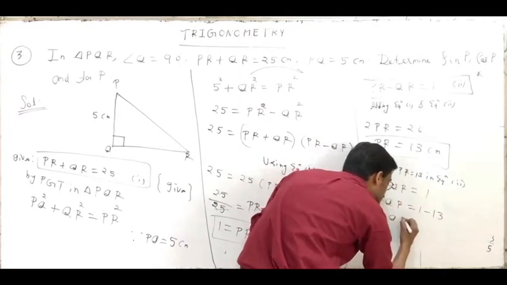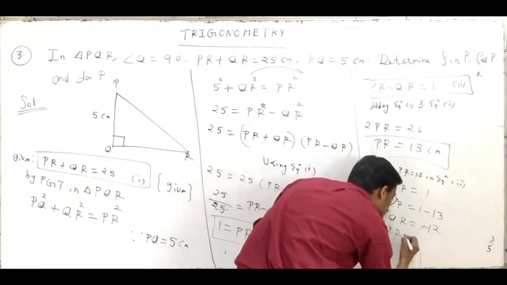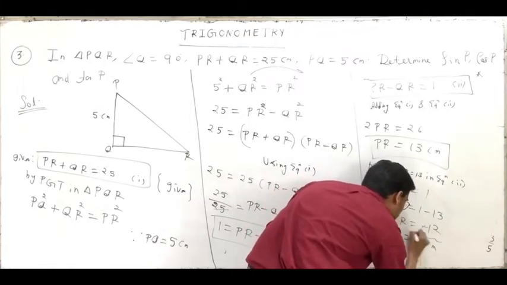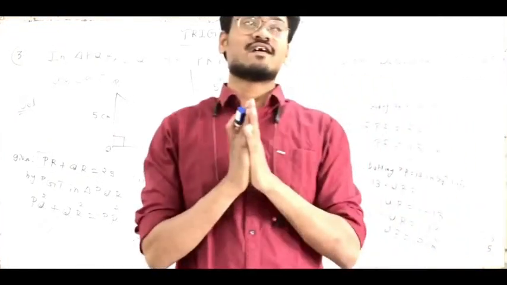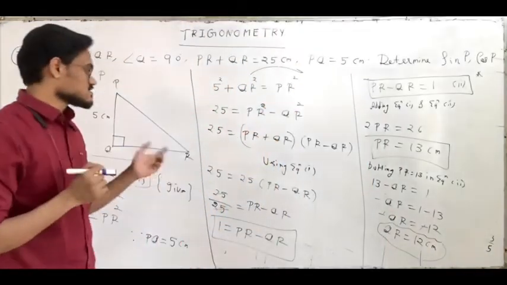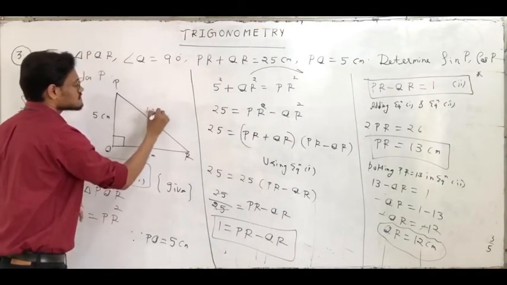That means minus QR is equal to minus 12, minus minus is cancelled out. So the value of QR is 12. तो आनी ही थी, अभी अभी तो हमने बात करी थी 5, 12 and 13 always make a Pythagorean triplet. Okay, so yes, this QR is 12 and this PR is 13.